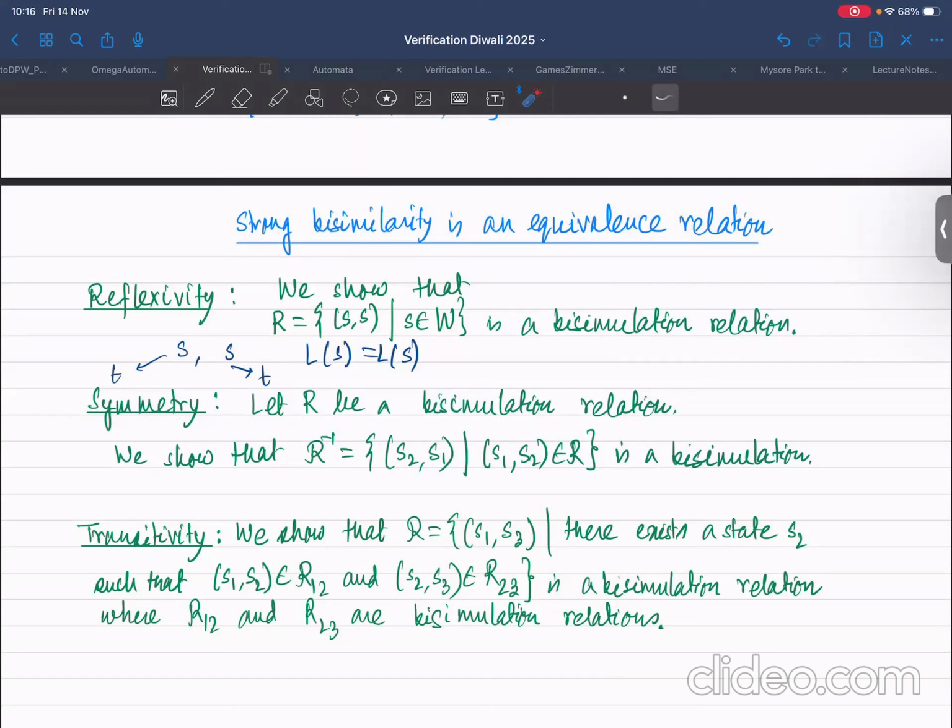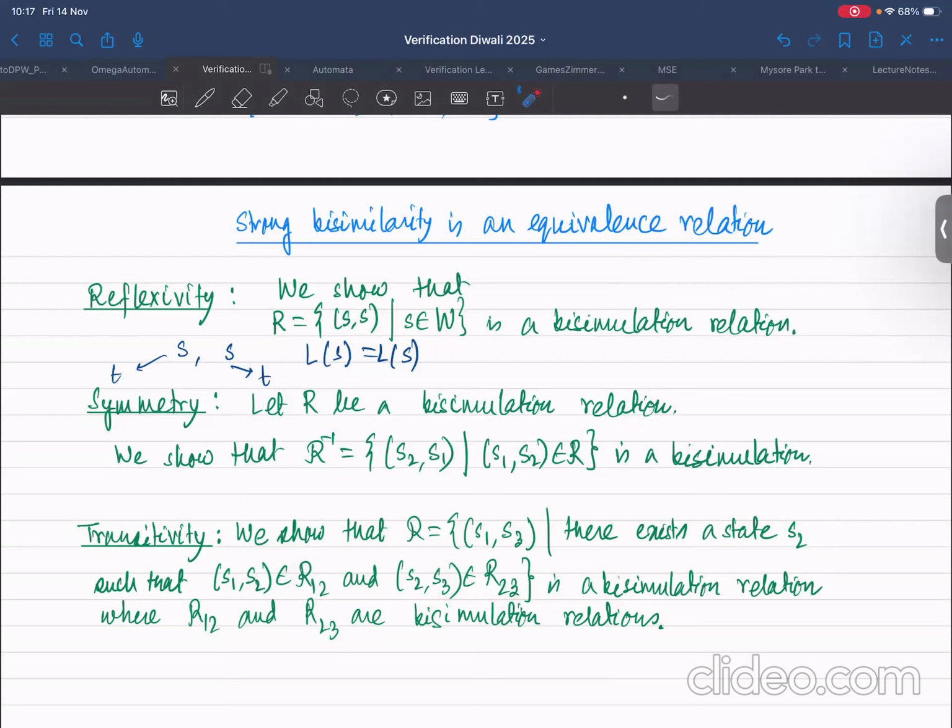To show this, we can again construct a relation of the form S1 comma S3 such that there exists a state or world S2 such that S1 S2 belongs to some bisimulation relation R12 and S2 S3 belongs to some bisimulation relation R23.